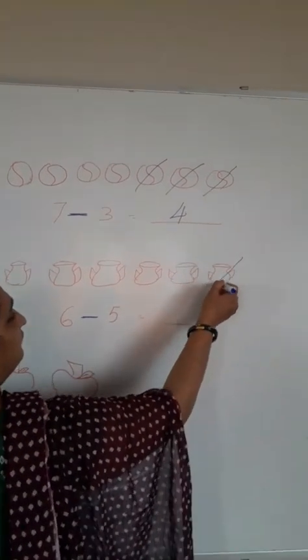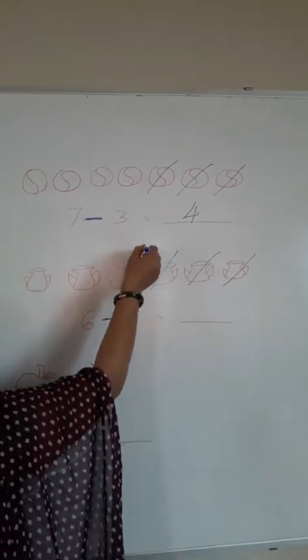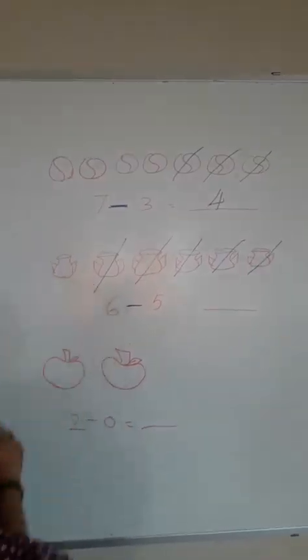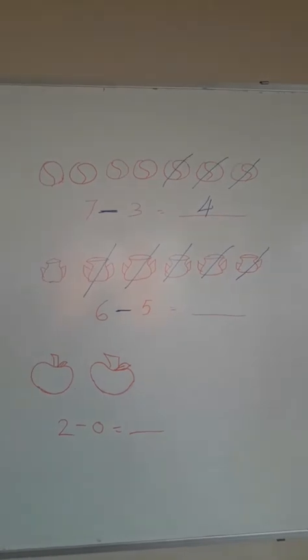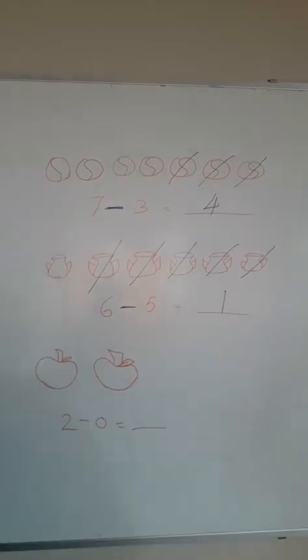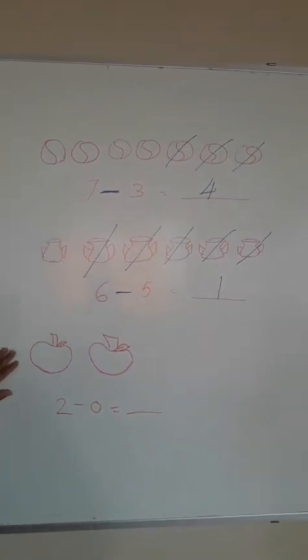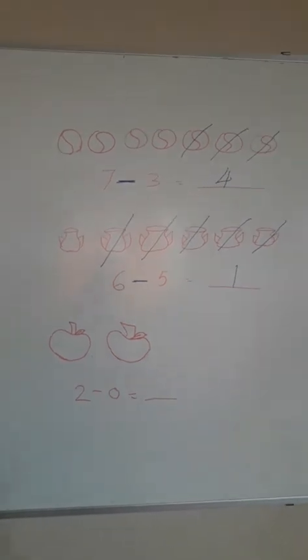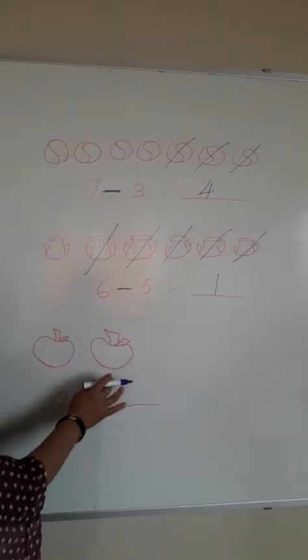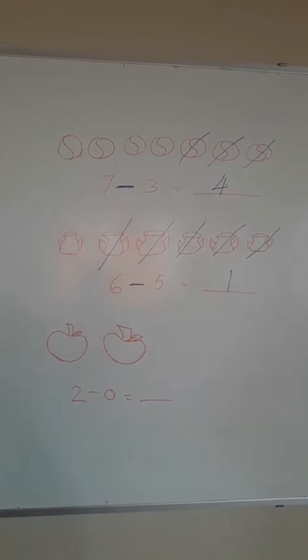Let's take away from the last. 1, 2, 3, 4, 5. Okay kids, and how many remaining? Only 1 jug is remaining. So we have to write now 1. After that, how many apples are there? There are 2 apples. It is a healthy fruit.